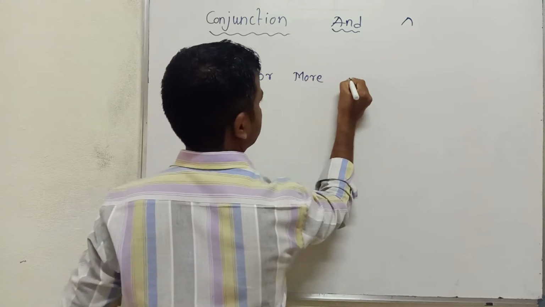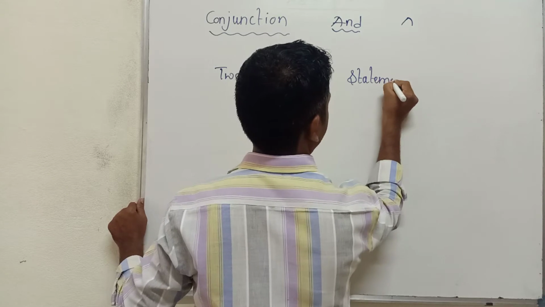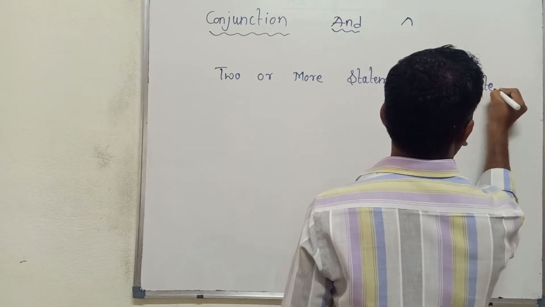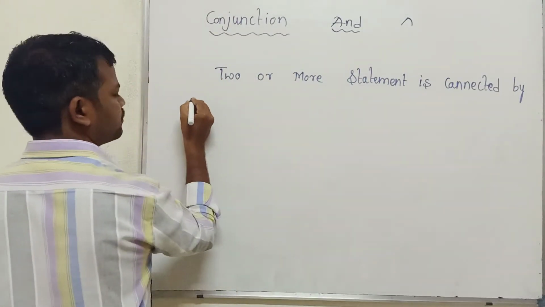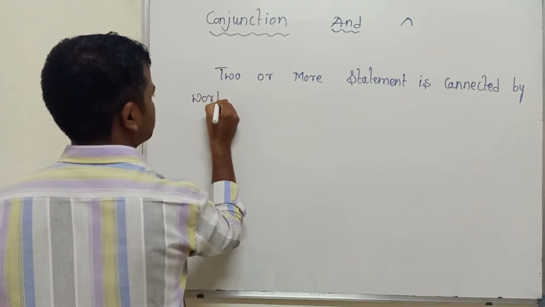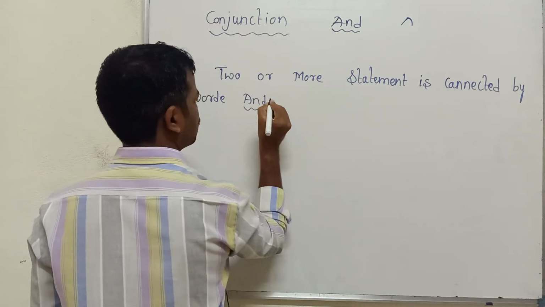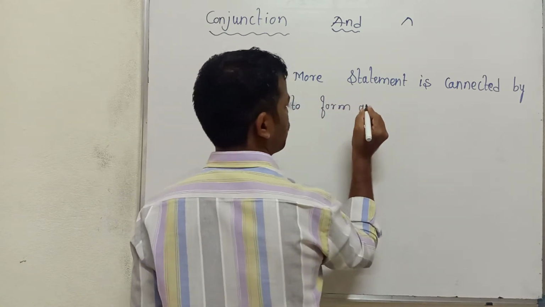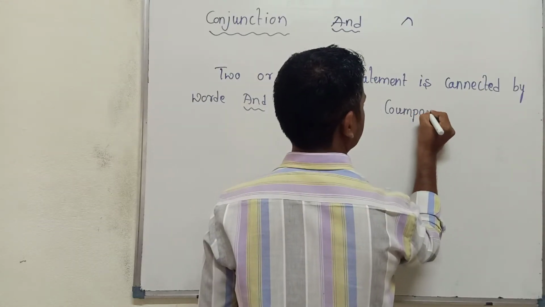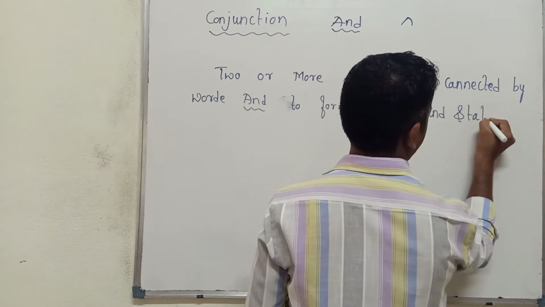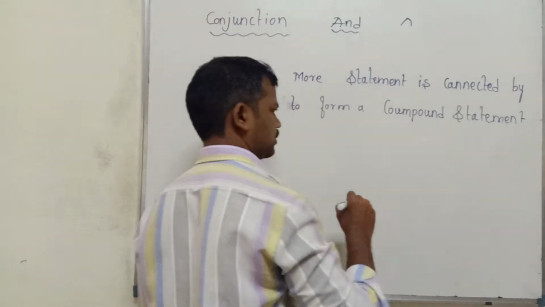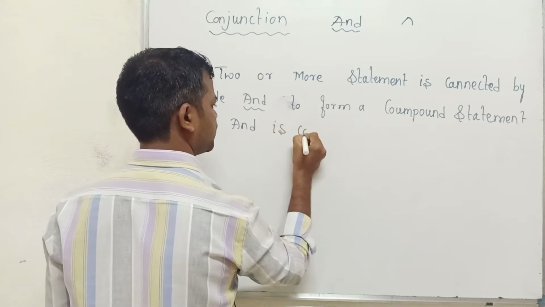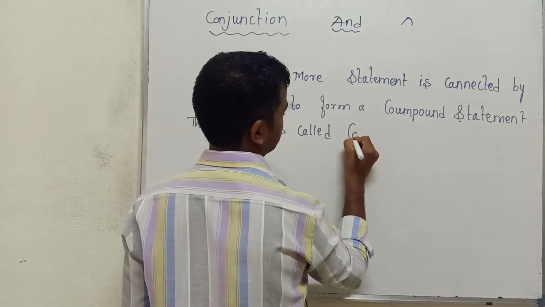Two or more statements connected by the word "and" to form a compound statement, then "and" is called the conjunction.